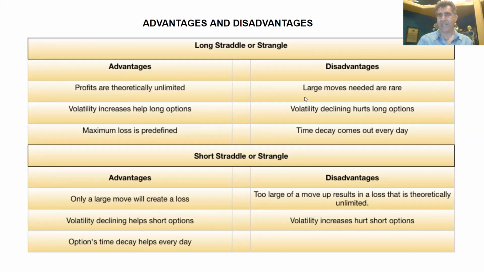Now, the disadvantage is you have to remember with the strangle, you really are in between the 45 and 35. Your goal is to go beyond that. So you really need a large move. You're hoping that the coiling has really been working and eventually it's going to break out.